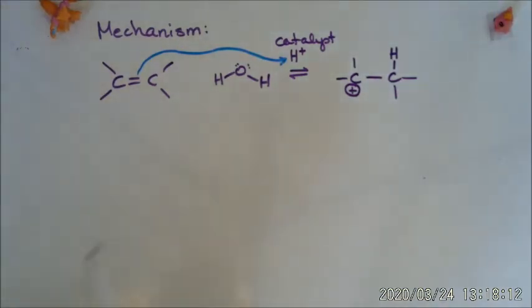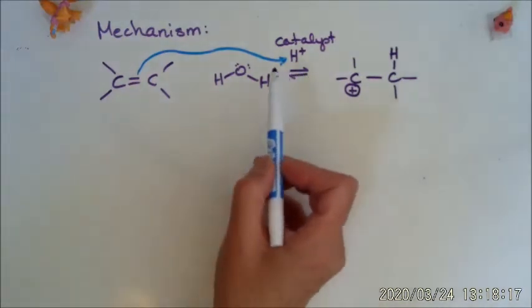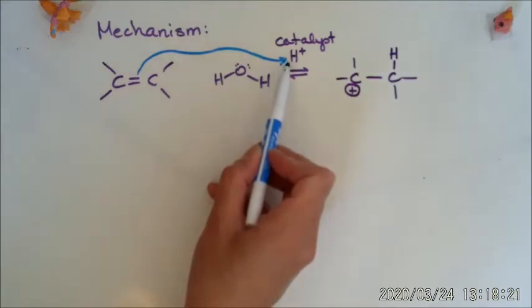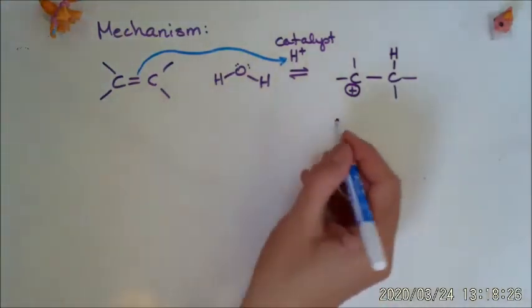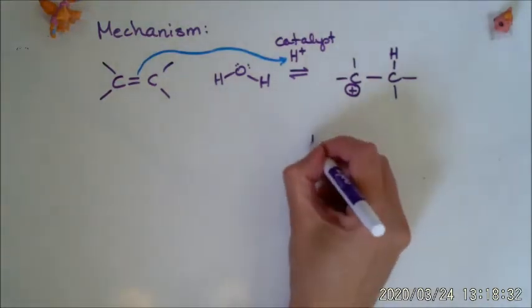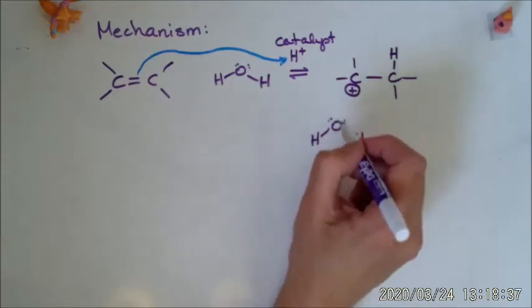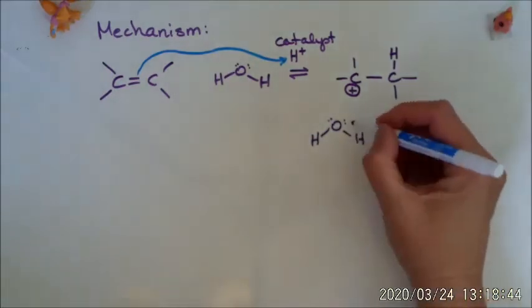And since we're adding acid as a catalyst, the bottom line is that my alkene adds onto my electrophile, and so you form a carbocation. Once I do that, with the presence of water, now my water can act like a nucleophile and attack my carbocation.